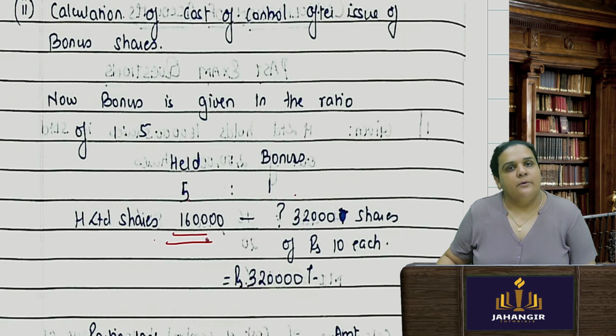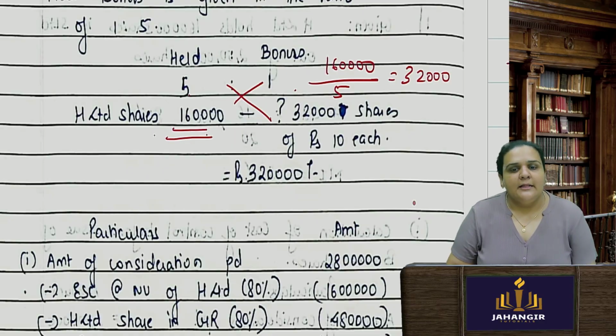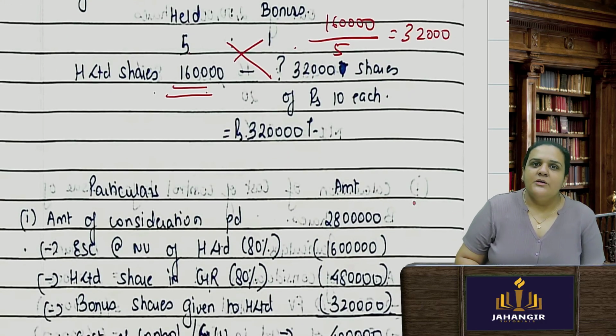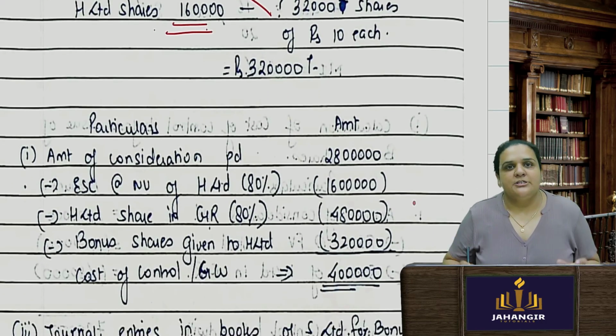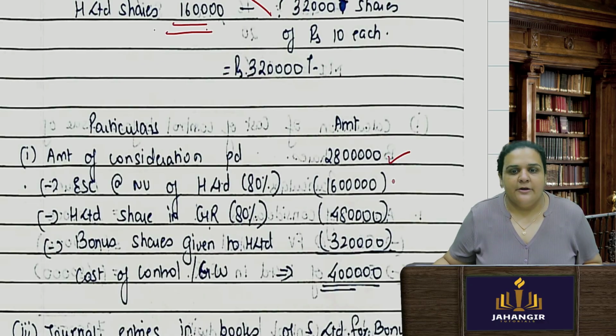For 5 shares, you get one bonus. H Limited has 1,60,000 shares. Cross multiply. 1,60,000 shares divided by 5, 32,000 shares I will get as bonus shares of rupees 10 each. So rupees 3,20,000. Now more simple, amount of consideration paid is already given. Same thing, equity share capital at 80%, 16 lakhs.